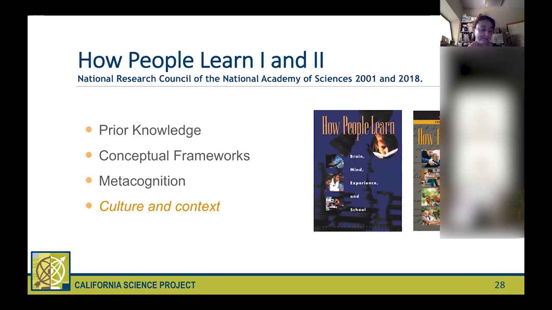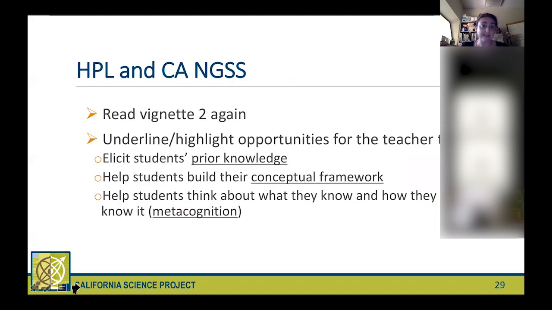I'm going to take a second for you to review page 4, because we are going to use it in the next exercise. And I'm going to find the link to the instructional materials for you. As you're using page 4, I would like you to go to vignette 2 again.